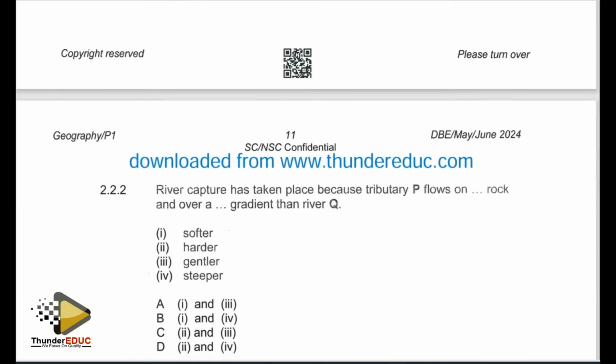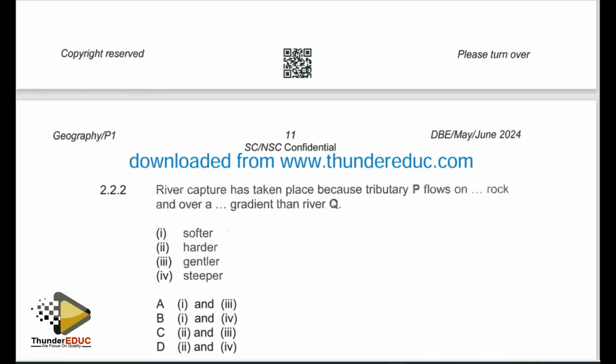Then number 2.2.2, a river capture has taken place because tributary P flows on dash rock and over a dash gradient. Right, for river capture to take place, we need conditions where one river is more energetic than the other river. And the energetic river advances through headward erosion towards the less energetic river across the watershed.